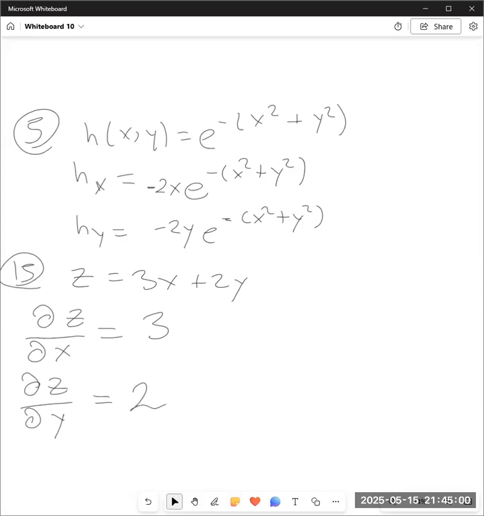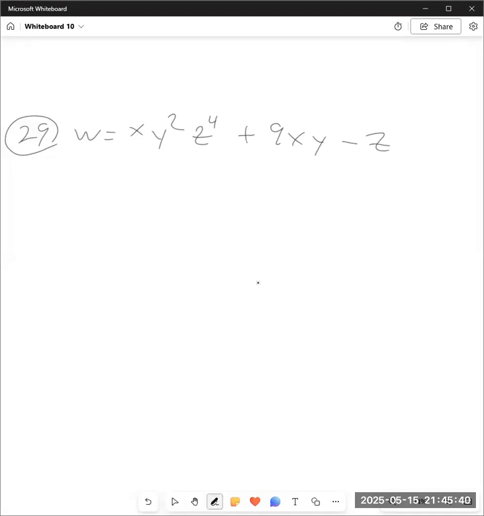Let's go on to number 29 now. W equals xy squared z to the fourth plus 9xy minus z.